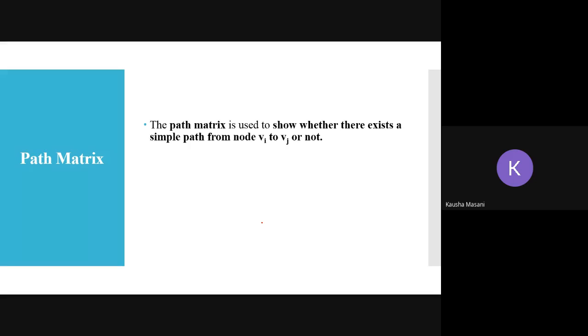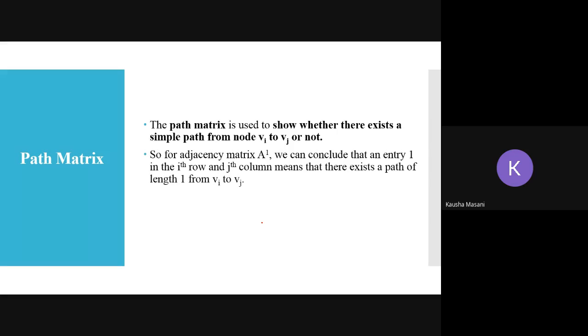So that is what the path matrix is used for. It is used to show whether there exists a simple path from node v of i to v of j. Now in the case of path matrix, we are going to consider your adjacency matrix. If you do remember, what is an adjacency matrix?